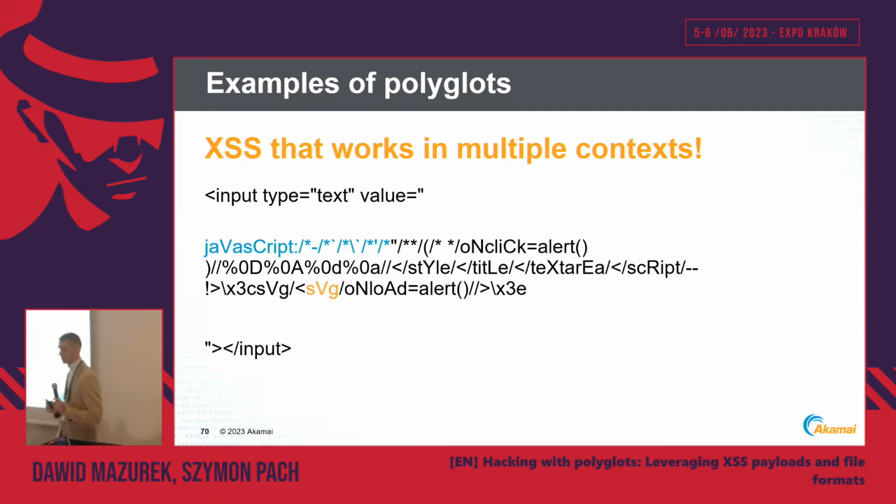Just assume that our application is taking data as a value in an HTML input tag. How does it behave? The blue part of our payload is treated as a simple string. Everything after the blue part, I mean the black part, is treated as HTML attributes.